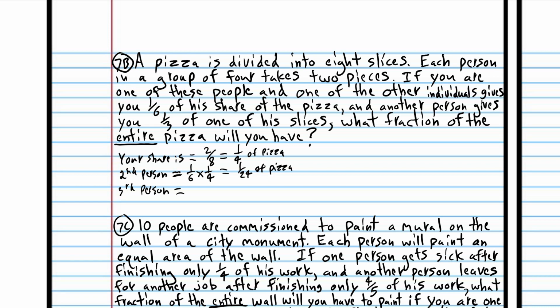His share is 1/4. Okay? He's giving you 1/3 of a slice. So 1/3 of a slice is 1/3 of 1/8, not 1/3 of 1/4, because a slice is 1/8. A share is 2/8, because each person gets 2 pieces. So multiply those and you get 1/24 again.